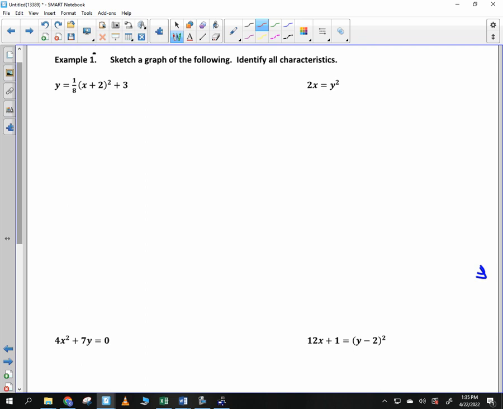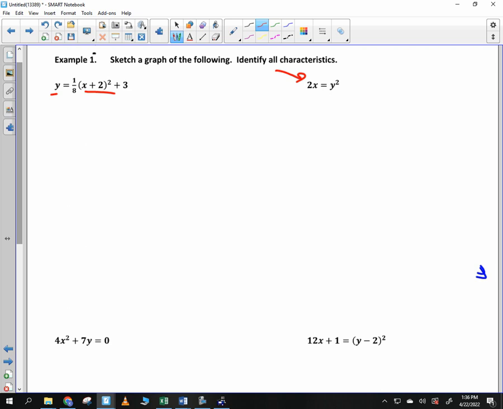So, we're going to do this one right here. You tell me, is this going to be a horizontal parabola, or is it going to be a vertical one? If you can solve and get x equals, then it's horizontal. So if the y is squared, then it's horizontal. If the x is squared and it's y equals, then it's vertical.